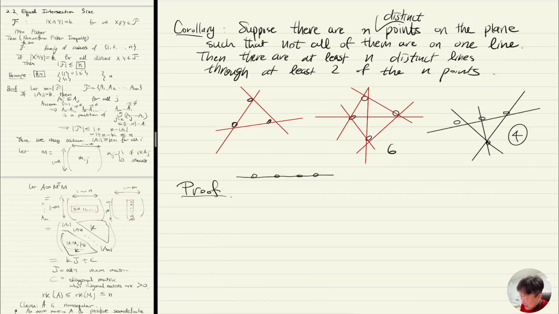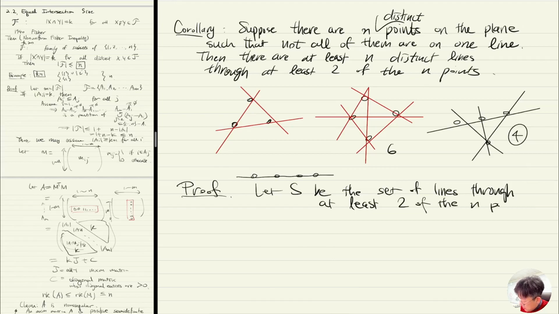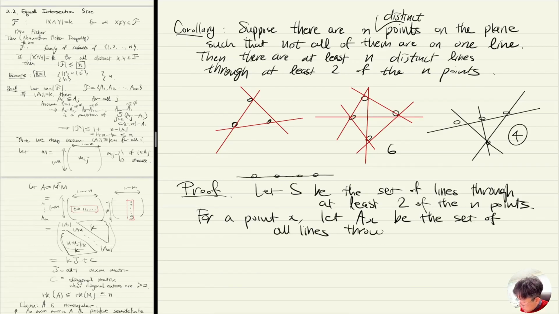Now, let S be the set of lines through at least 2 of the endpoints. And for a point x, let A_x be the set of all lines through x.